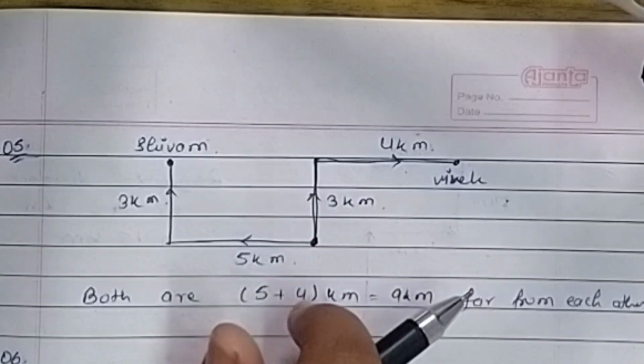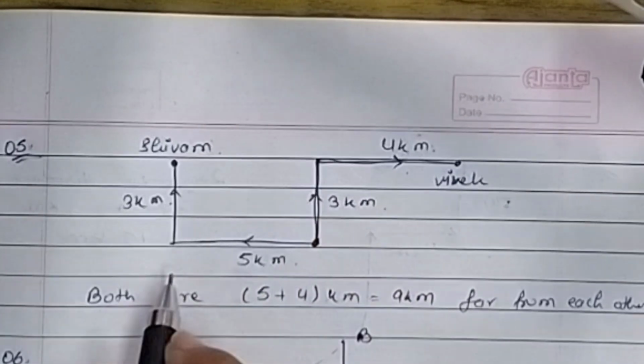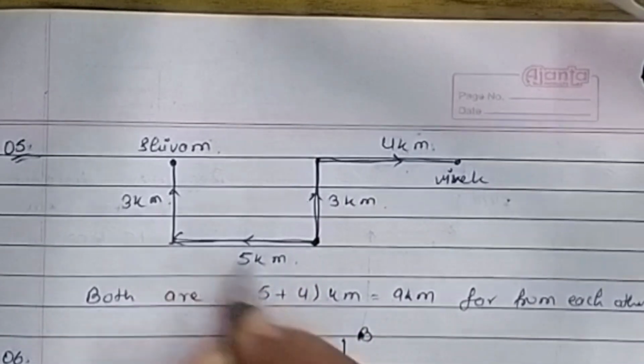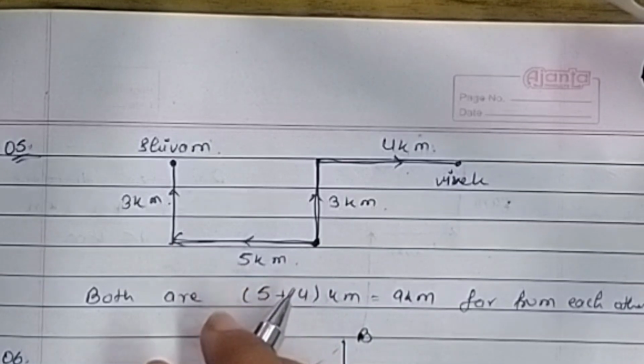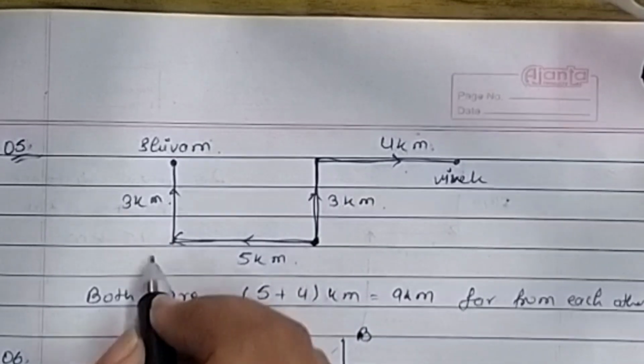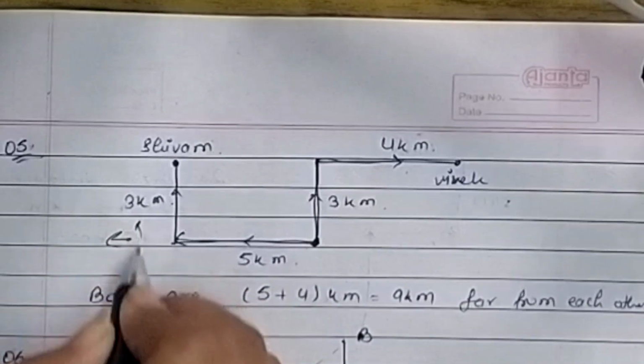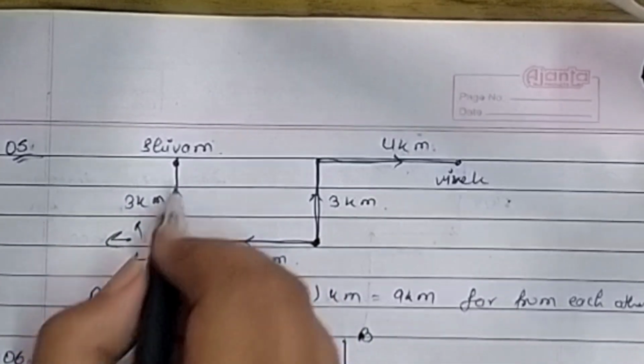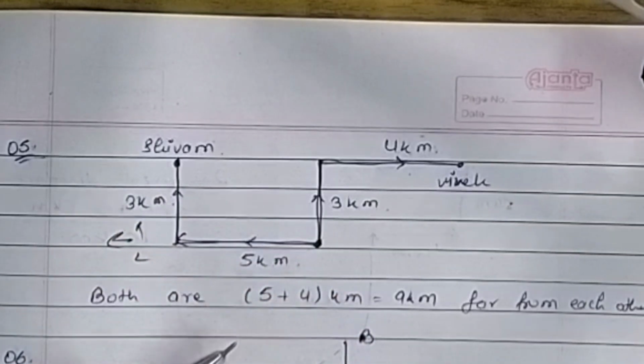And Shivam moves 5 kilometers west. So from this point west will be like this, and he covers 5 kilometers and then turns right. Facing this way, right will be here and left is here. So he took a right turn and covers 3 kilometers.